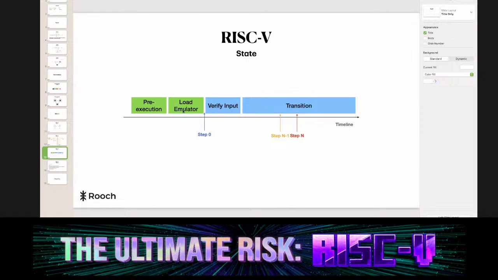Before step 0, we do the pre-execution to get its own results, and load the emulator with input. After step 0, because someone may cheat here, when we find the disagreed step, we end here, and we just go backwards one step and replay it on the smart contract in layer 1.